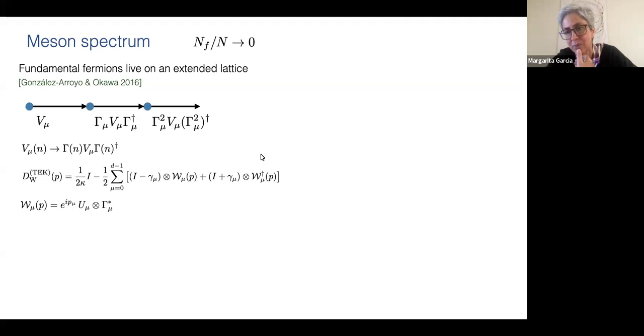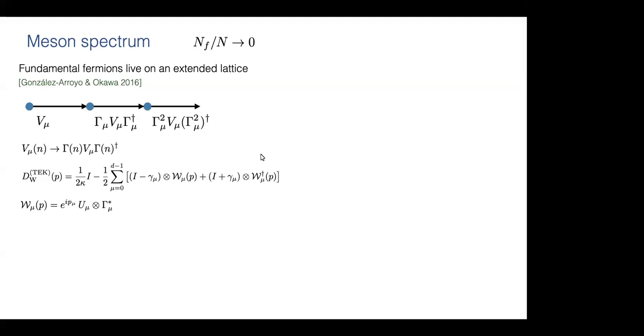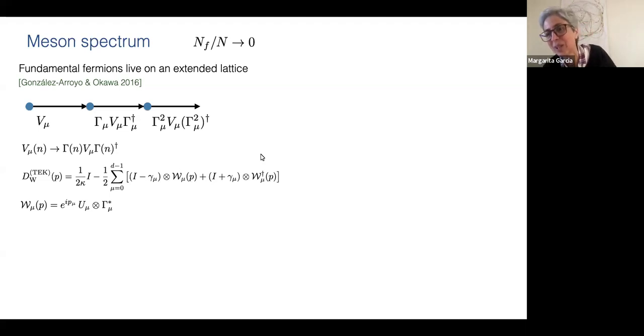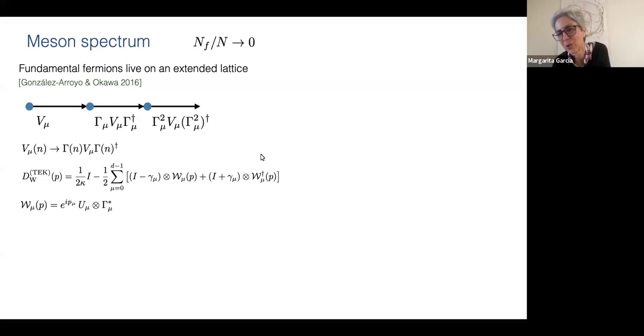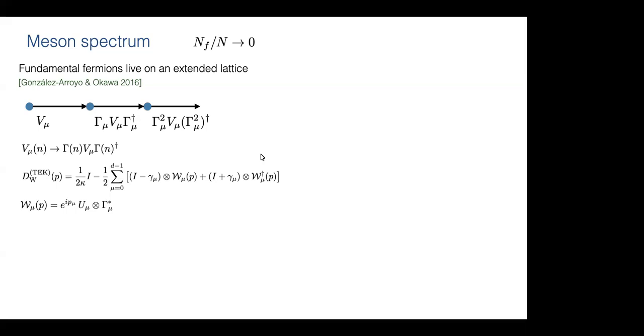Yeah, this is true. Topological freezing could be an issue that we are not seeing, because we don't know how to map that. Yeah, it could be an issue. Okay, thanks.